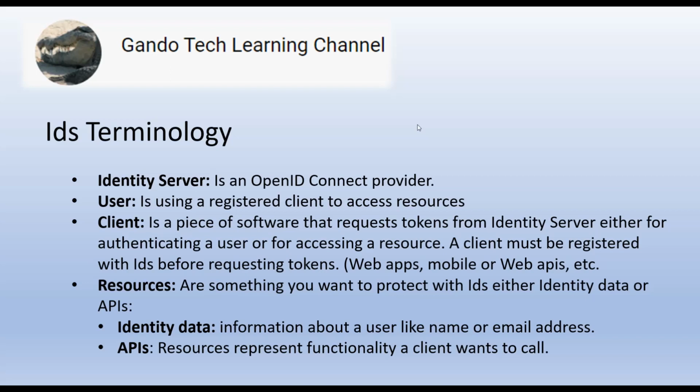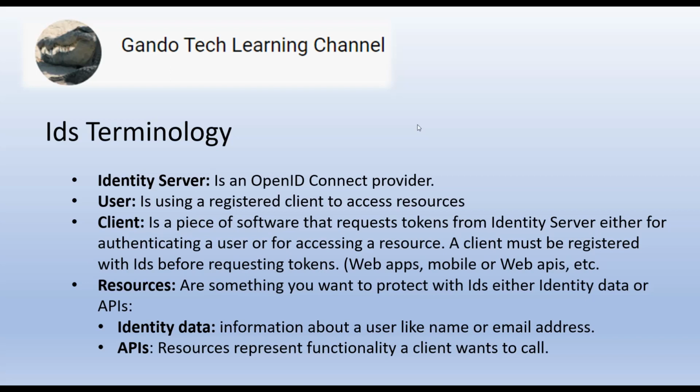The next thing is the client. The client is registered by your identity server to be able to access the resources. The client is a piece of software. The clients are all your products across the company, which are trying to access your resources like APIs or any other resources which are really important to access. The most important thing about the client is that it must be registered in your identity server.